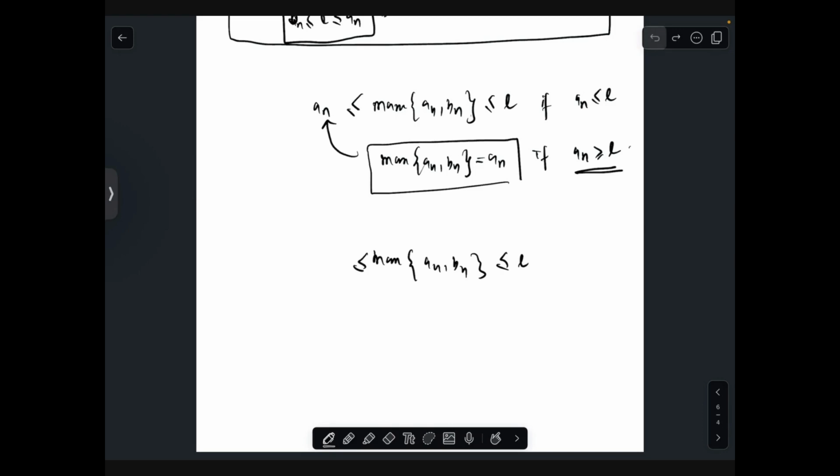No, I'm so sorry. This is not always true, because, no, it's not always true, because then less than or equal to L will be on the other hand side.